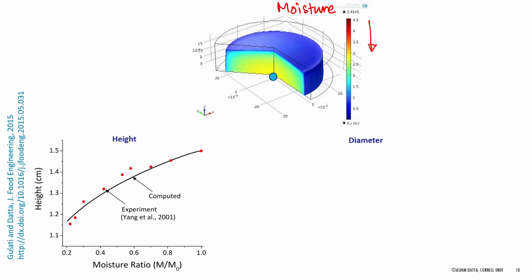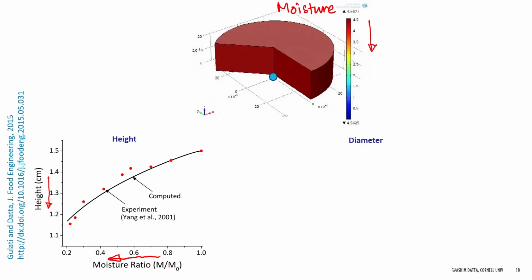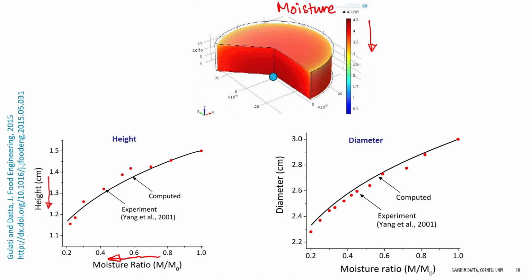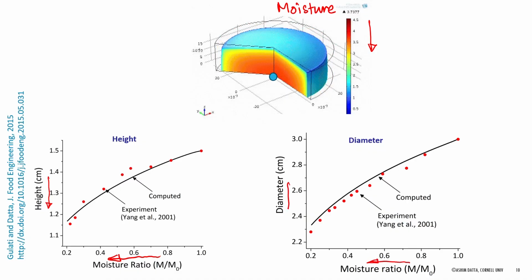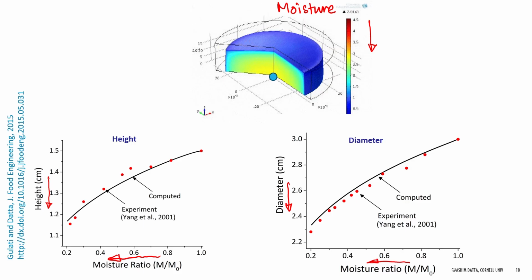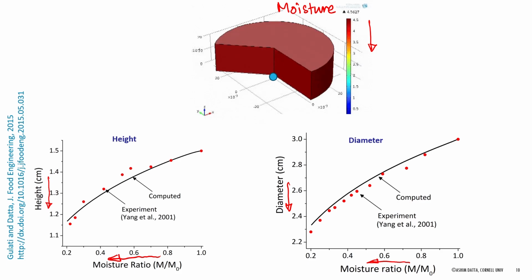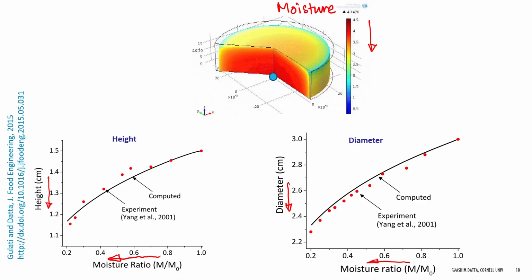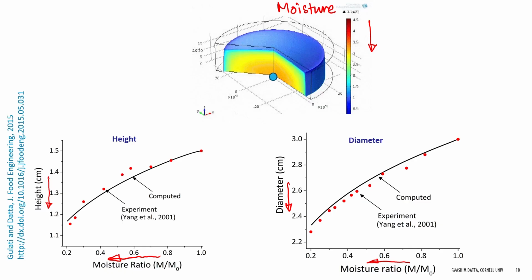So as the moisture level changes, the height goes down, and as the moisture level changes, the diameter goes down. However, because moisture is not being lost uniformly throughout the food, it's going to shrink different amounts at different places. And you can see from the animation that more moisture again is lost from the surface, where we expect more shrinkage. This will be discussed in more detail later.